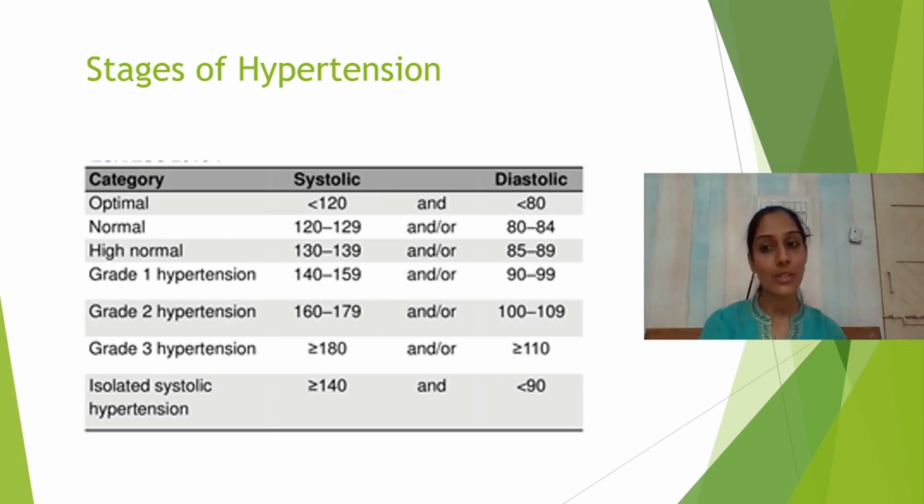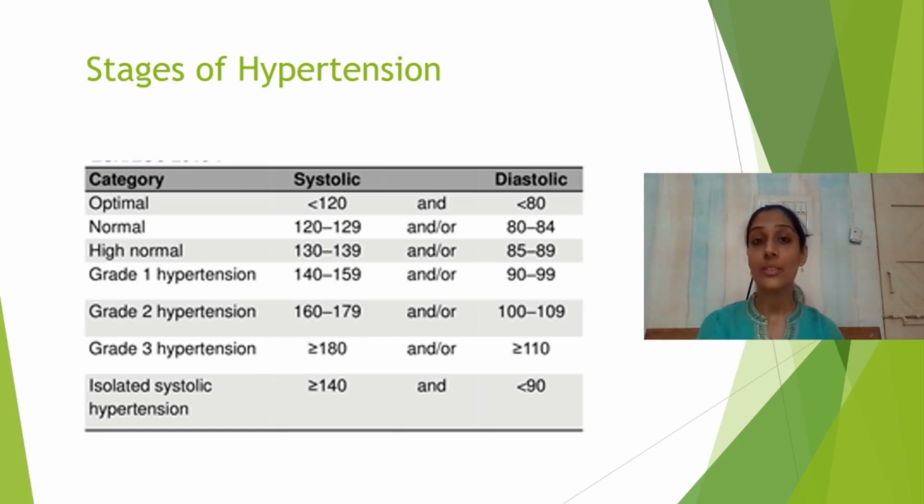Grade 1 hypertension is noted when systolic blood pressure is 140 to 159 and diastolic blood pressure is about 90 to 99. Grade 2 hypertension is said to occur when systolic blood pressure is about 160 to 179 and diastolic is 100 to 109. Grade 3 hypertension is said to be a hypertensive crisis.